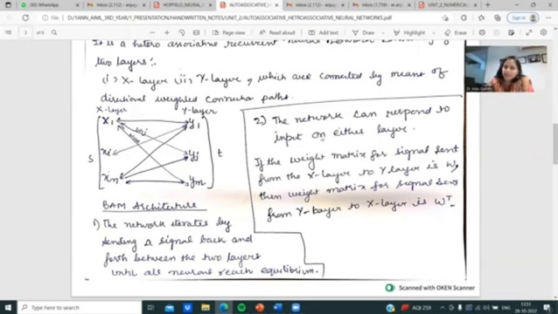The network can respond to input on either layer, depending on the input. If the weight matrix for signals sent from the X layer to the Y layer is W, then the weight matrix for the signal sent from Y to X will simply be the transpose of the weight matrix. Whatever the weight is from X to Y, it will be the same from Y to X, because it is recurrent.